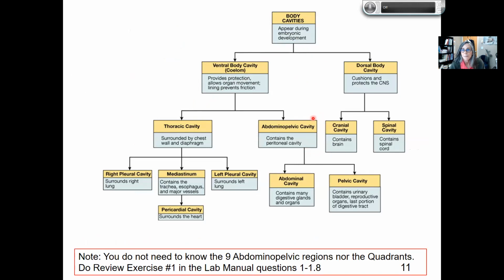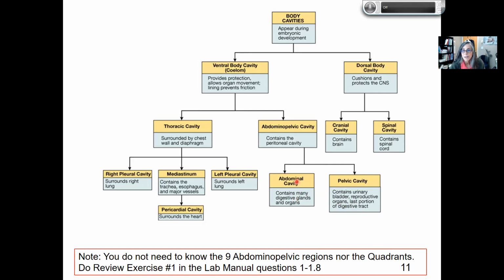This is a flow chart, and it's telling you what organs are in the cavities and what they do. I was looking for my abdominopelvic cavity here. The abdominal cavity also contains the peritoneal cavity. I think I may have it on the peritoneum, which is a connective tissue, and the peritoneal cavity.